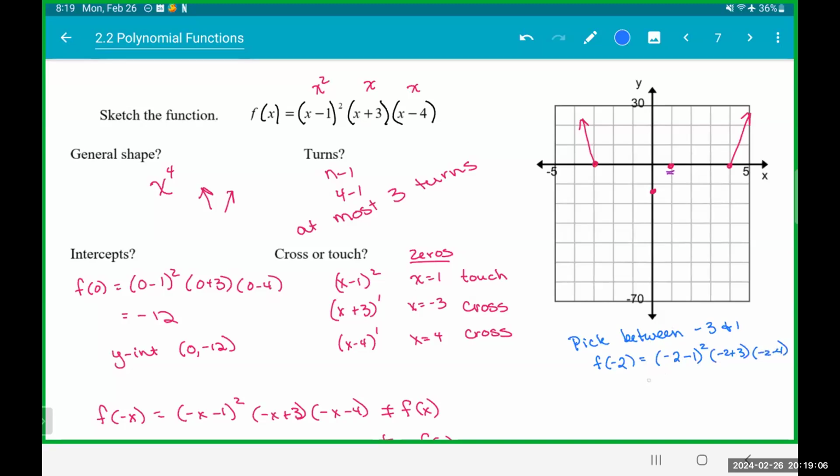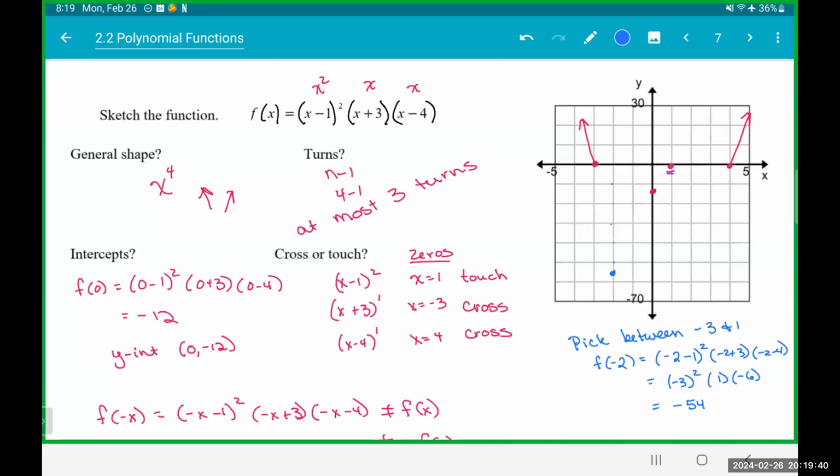That is negative 3 squared times 1 times negative 6. So I was correct, sorry. 9 times 1 times negative 6 is a negative 54. So negative 54 is about right here where that point would be.